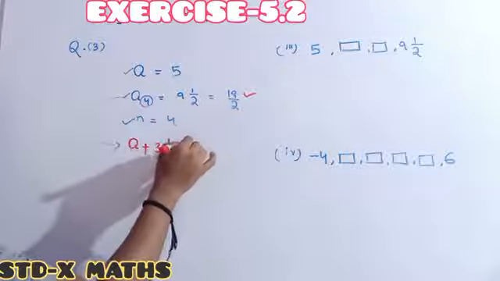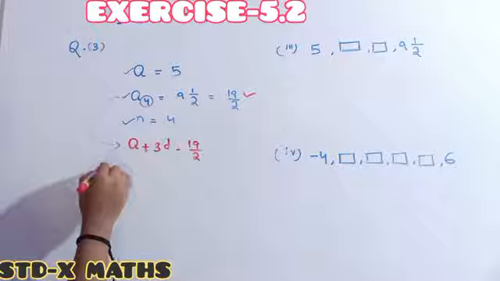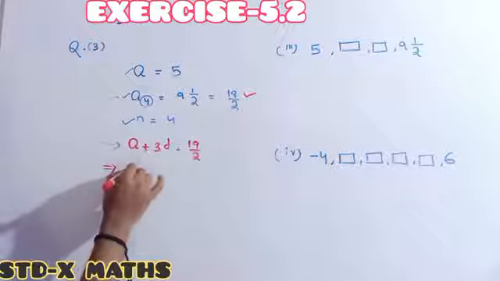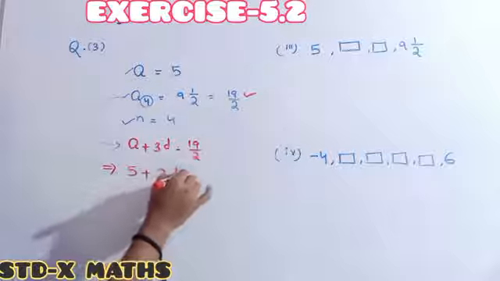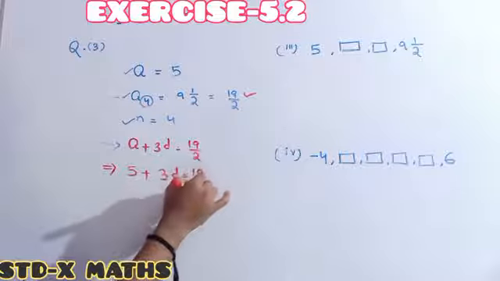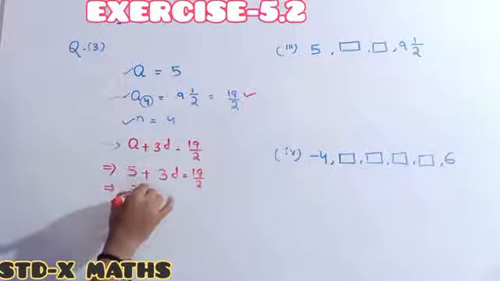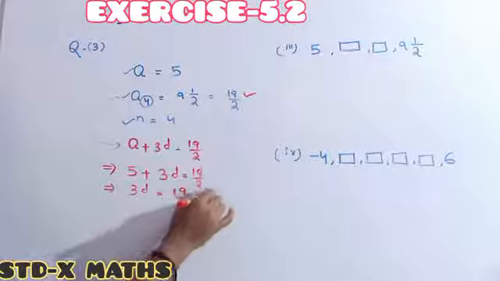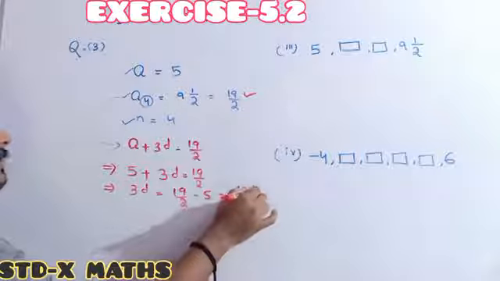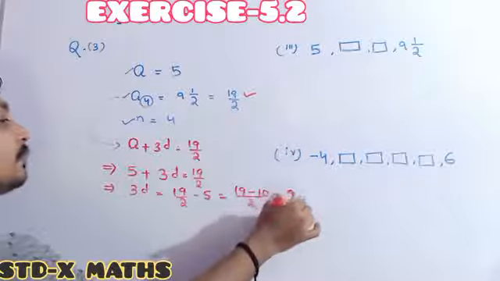It is 19 divided by 2, which implies the value of a you have to put is 5, and 3d is 19 divided by 2. To find out the d, 3d will be 19 by 2 minus 5, which gives us 19 minus 10 divided by 2, which is 9 by 2.